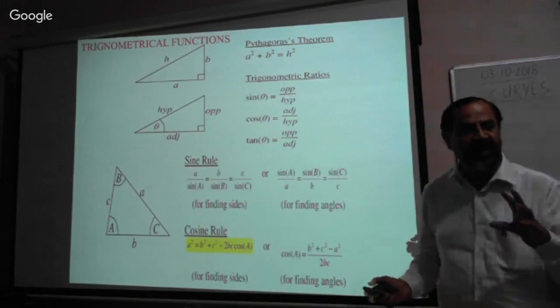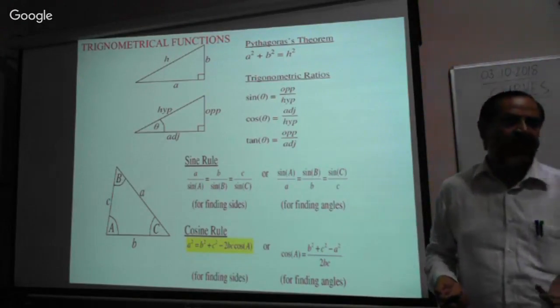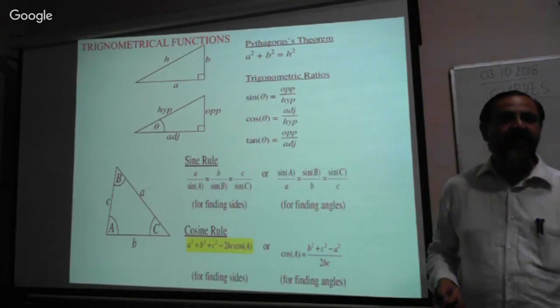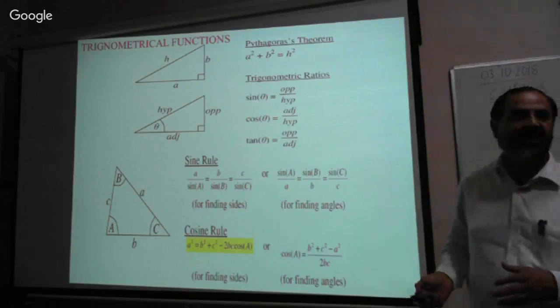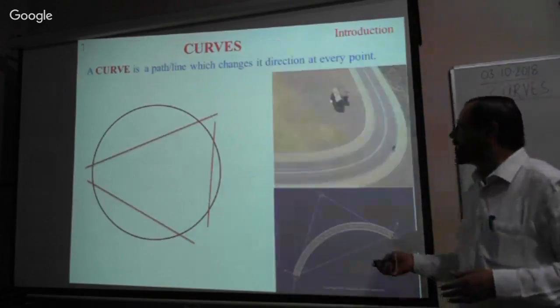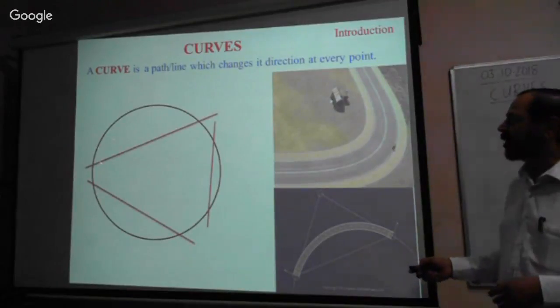If you know these well, we can definitely handle any kind of curve. Understand the terminology and know these trigonometrical functions. A curve is a part of a circle.